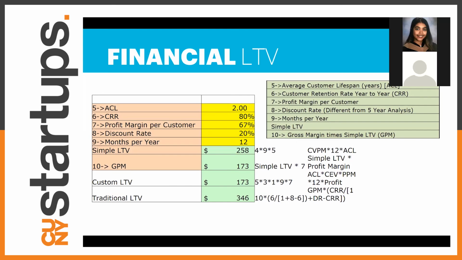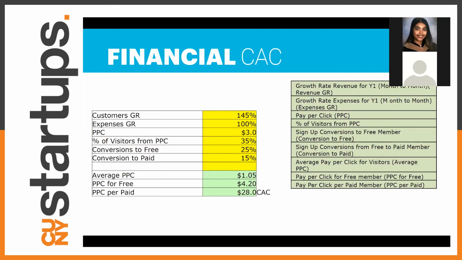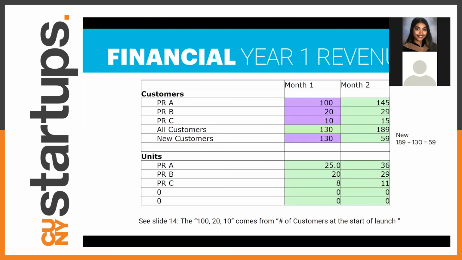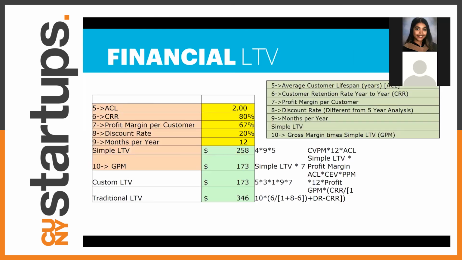What's your profit margin, right? And then finally, you come down to the bottom and you put in your revenue growth month over month for year 1, your expenses month over month for year 1, your pay per click, the percentage of your visitors that come from paid ads, how many convert to free and how many convert to paid. And then you get all those 3 things.